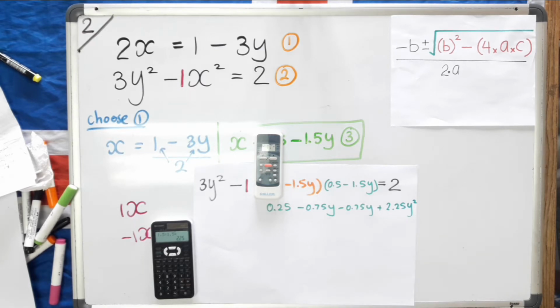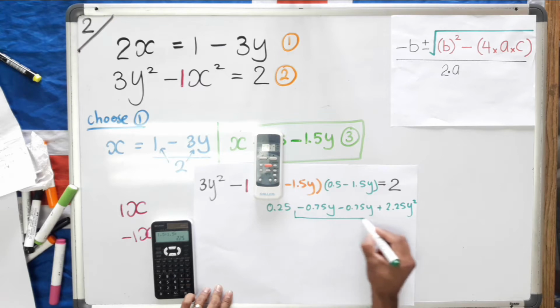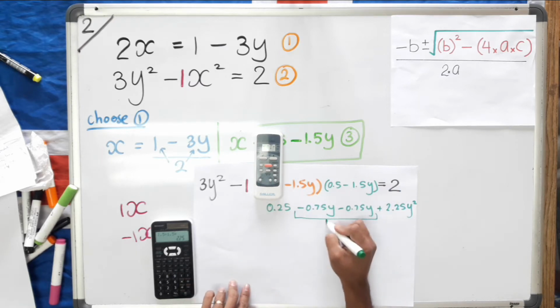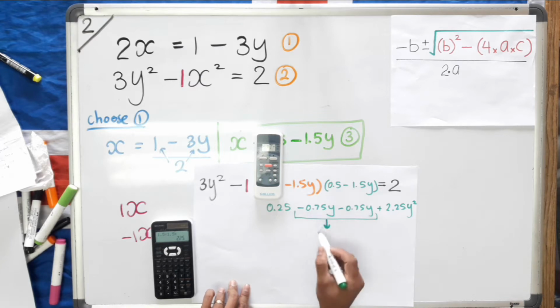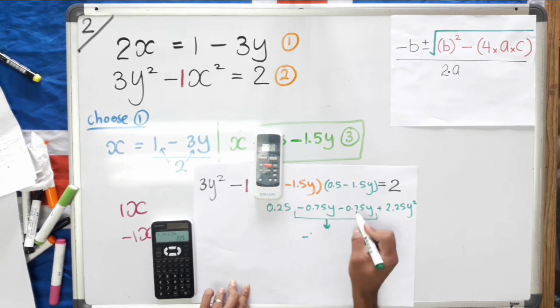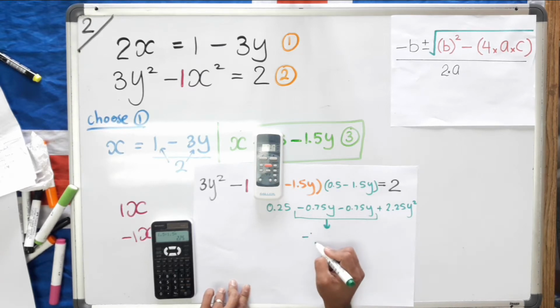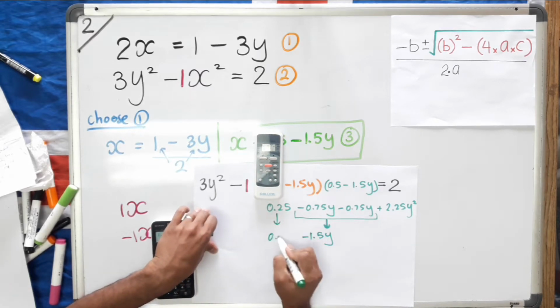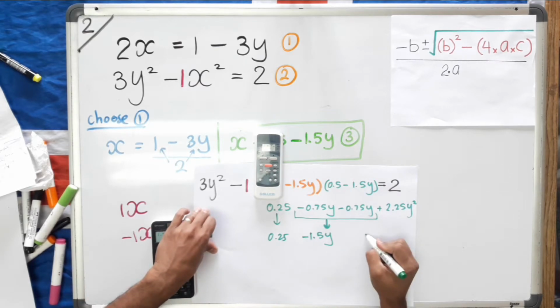A lot of students would forget that y squared. Now these two middle items, we can squeeze them together because they both have a y. So minus 0.75y minus another 0.75y is minus 1.5y. And we still have this 0.25 here and this positive 2.25y squared.